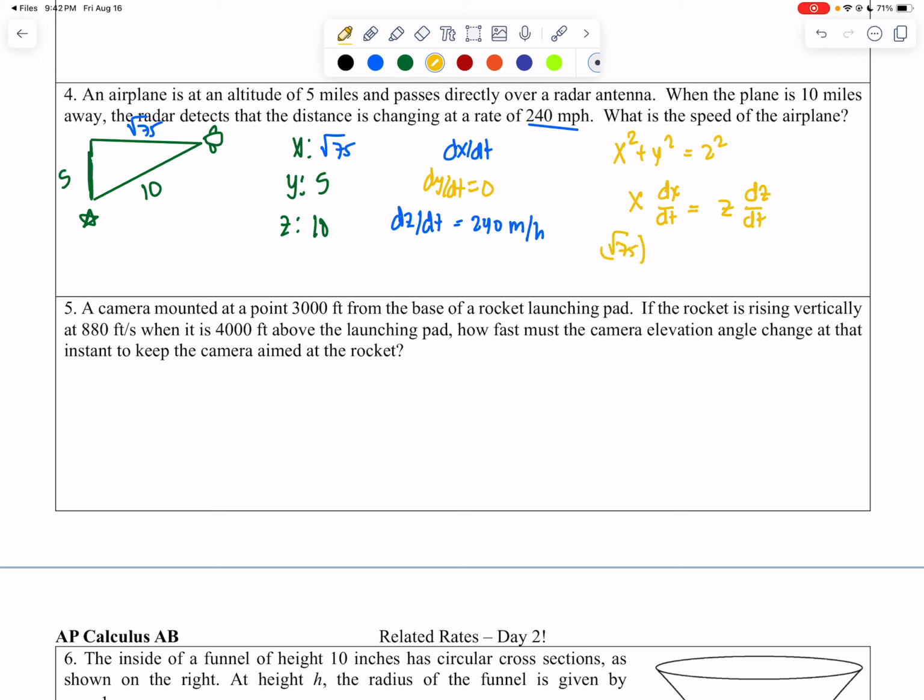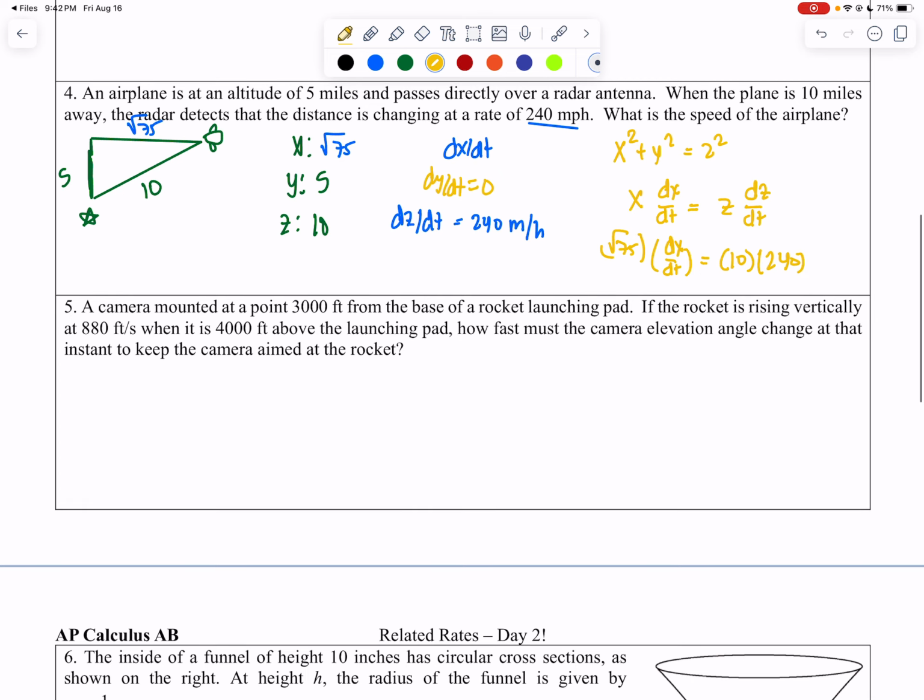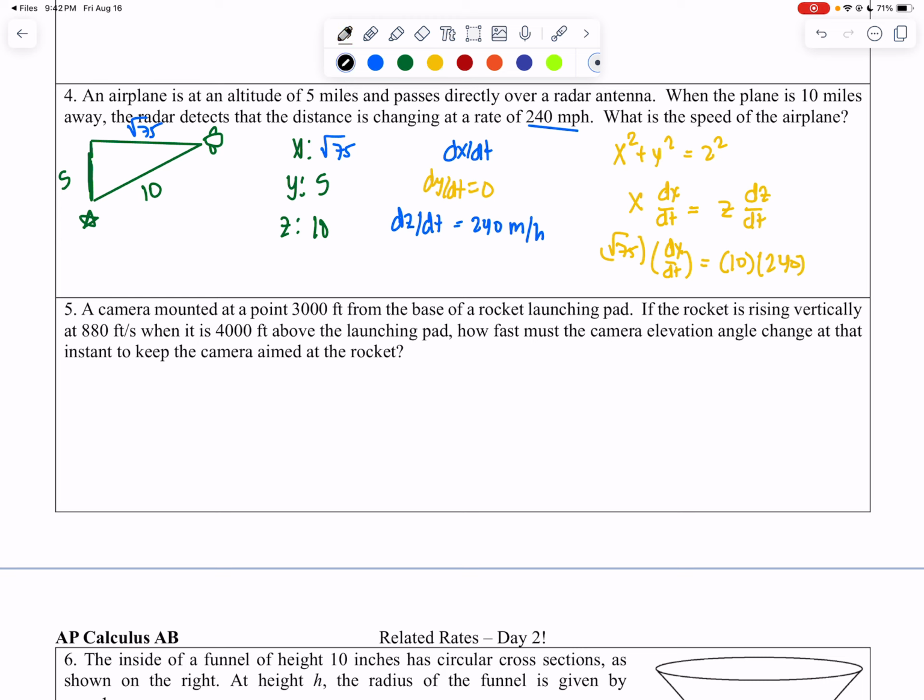I'm trying to figure out what dx dt is. Z is 10 and dz dt is 240. So then if I were to simplify all of that, I'm going to get dx dt being 10 times 240 over root 75. And then since we are looking at the speed of the airplane, this is going to be miles per hour.